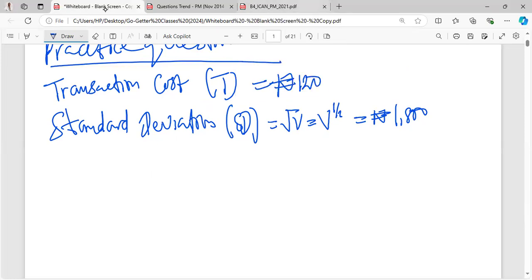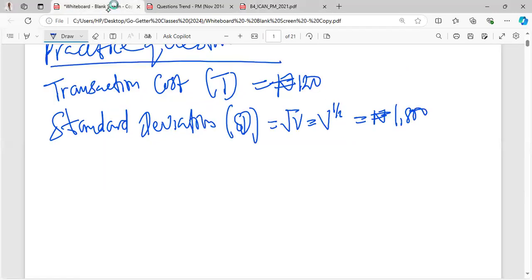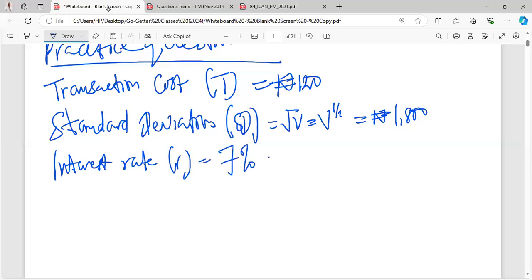Then we are also told here that the market interest rate on short-term investment is 7%. Interest rate R is 7%, which is 0.07.